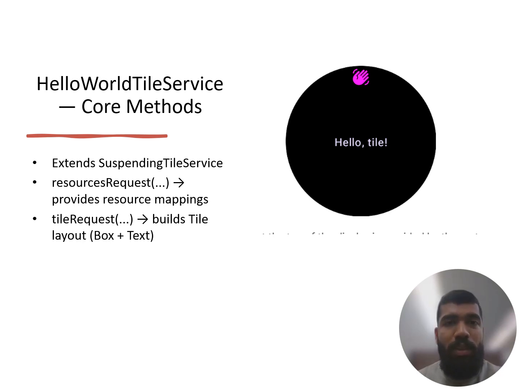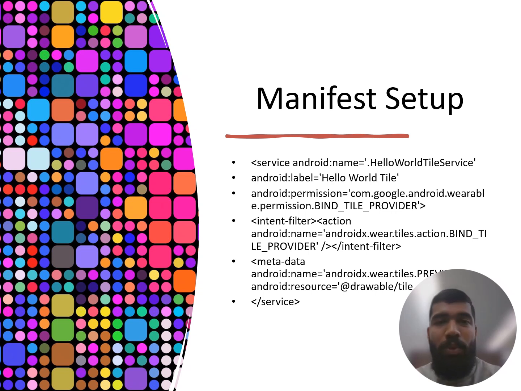Moving on to the next one, we're going to discuss the manifest setup. In the Android manifest, we register the tile service. It must declare the BIND_TILE_PROVIDER permission and include the correct intent filter, and optionally a preview image. Without this, your tile won't show up in the carousel.